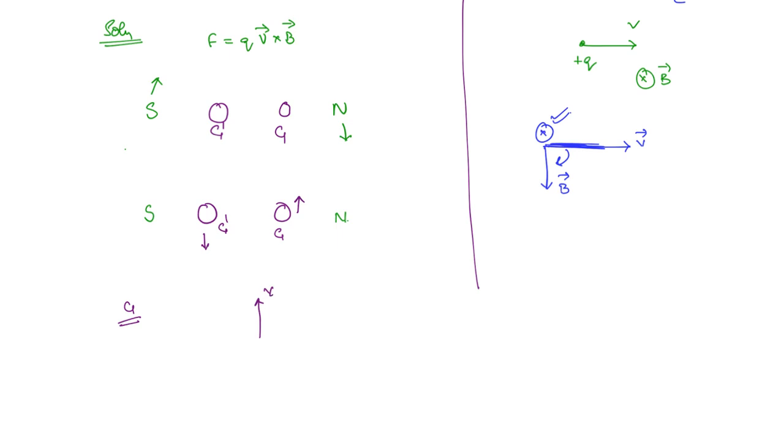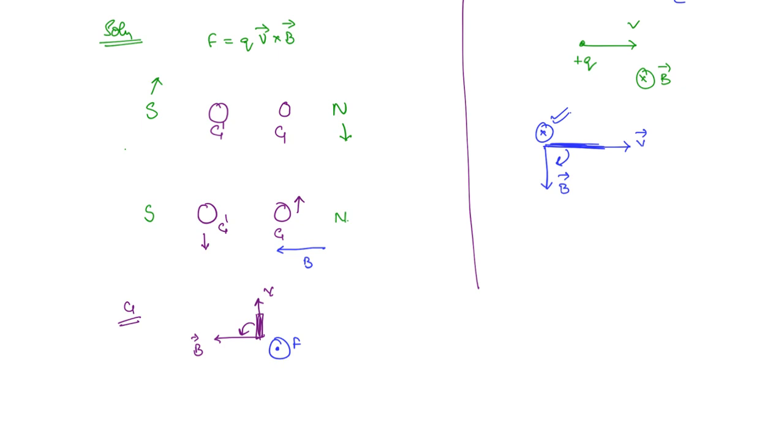Now what about the magnetic field direction? The magnetic field direction will always be from the north to the south pole. So this is the magnetic field direction. If you align the forefingers of your right hand in the velocity direction and wind them in this direction, the direction of force will be out of the plane.